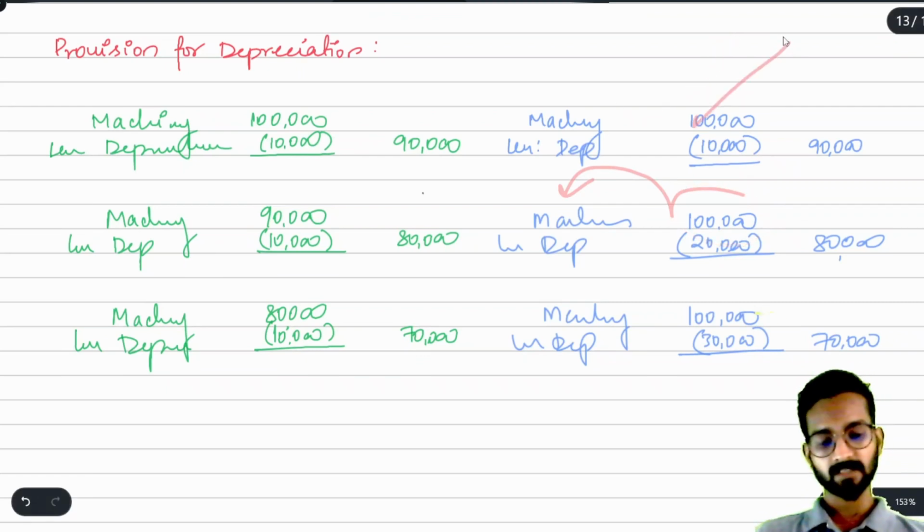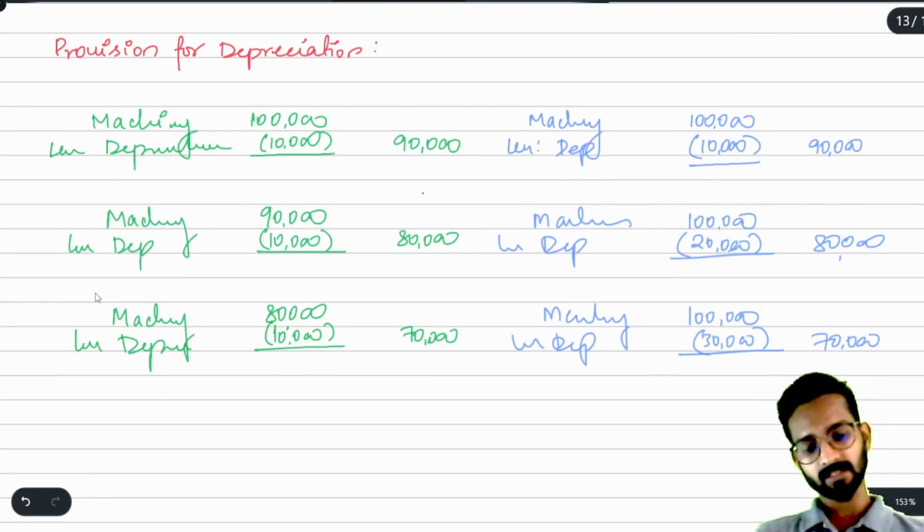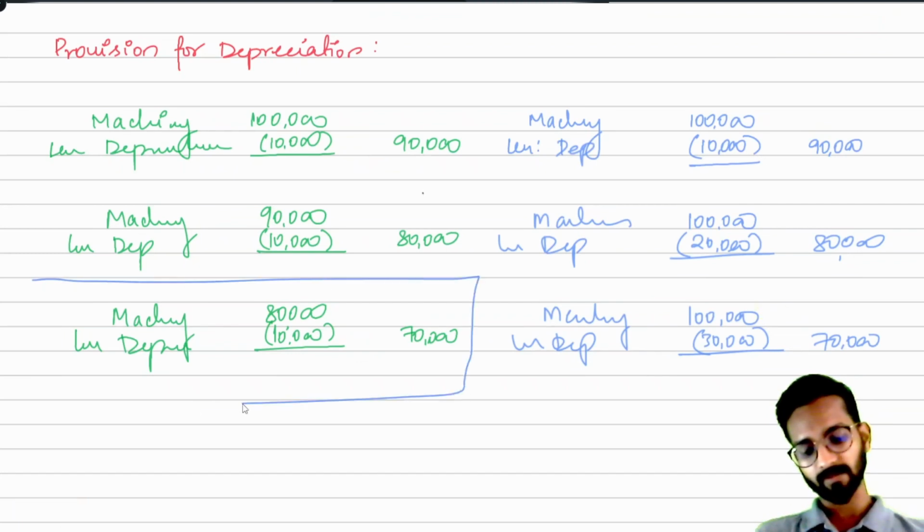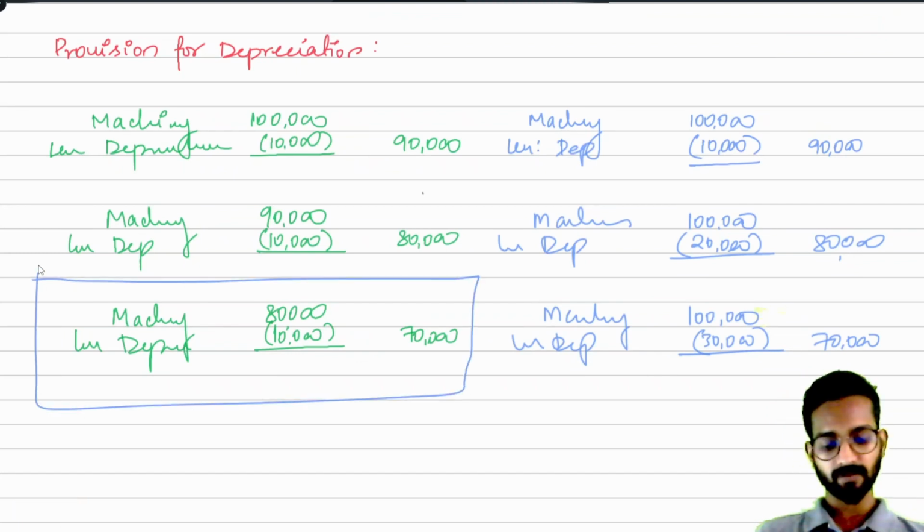Why? Understand this. Suppose you are a shareholder of the company and in this third year, you took the financial statements. Okay, when you look at this financial statement, what will you see? That okay, machine was rupees 80,000, depreciation is 10,000, it is representing 70,000. So you will say that I would have purchased machinery for 80,000, so I am charging depreciation.